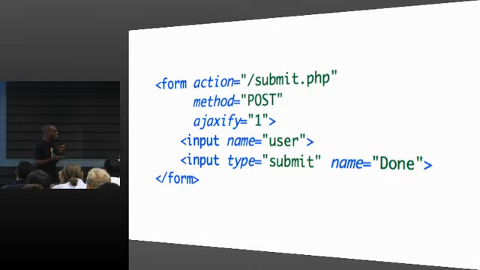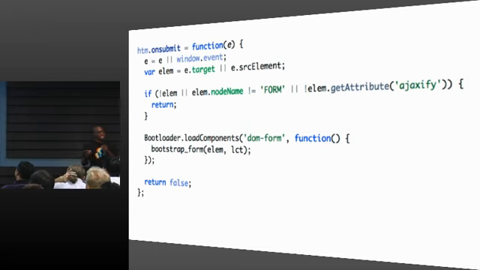So this actually ends up being able to power a whole new class of things. And it's actually not that much code. It's very similar to the click tracking that we were doing on links, except now we're capturing the onSubmit event. If we find that the form has an Ajaxify attribute, all we have to do is return false, which will kill the form submission, and send an AJAX request. So it fits very well into the pattern.